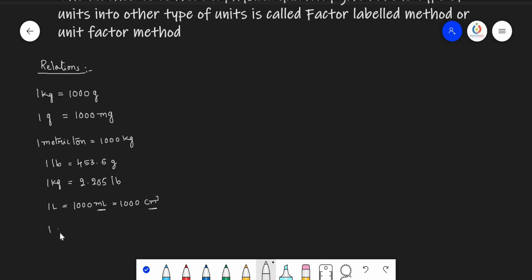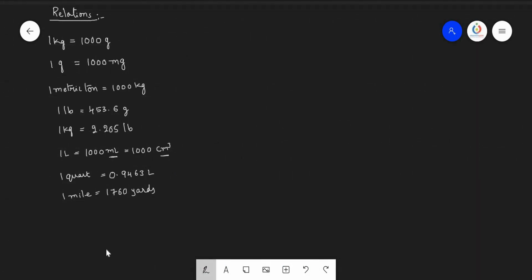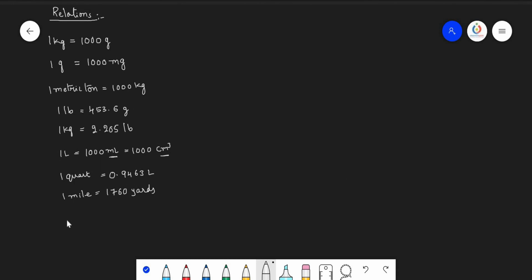And 1 quart is equal to 0.9463 liters, and 1 mile is equal to 1760 yards. Similarly, 1 foot is equal to 12 inches.